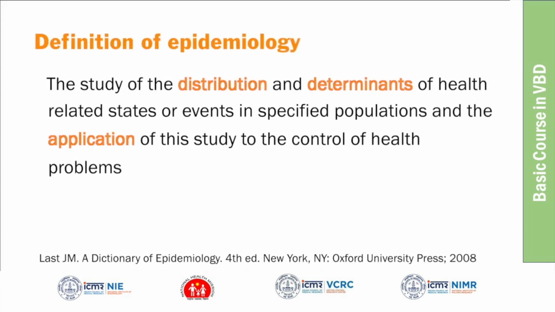One, the distribution of health and health-related states or events. Second, the determinants of those events, why they are happening. Third is in terms of using the knowledge to make sure we do something that is necessary to reduce or to control or to eliminate that particular problem.